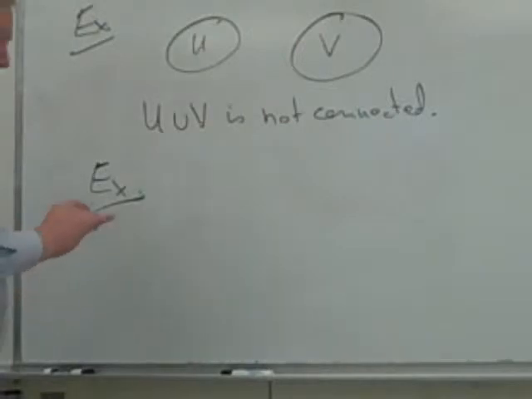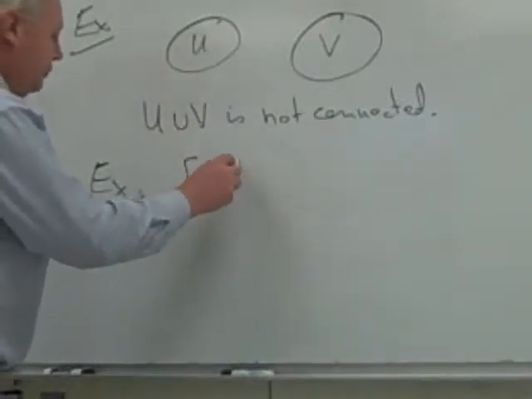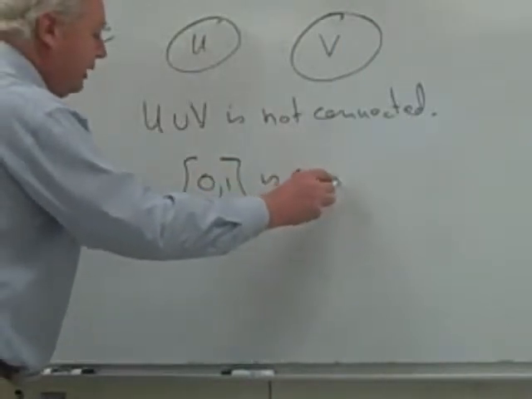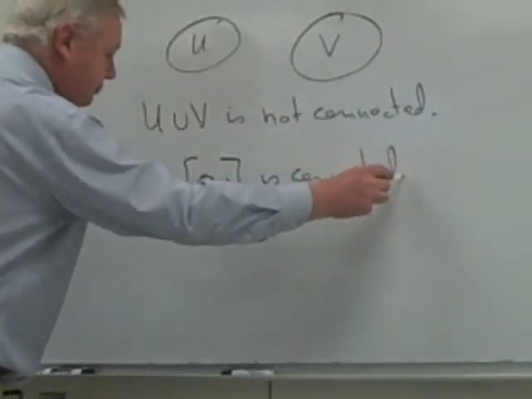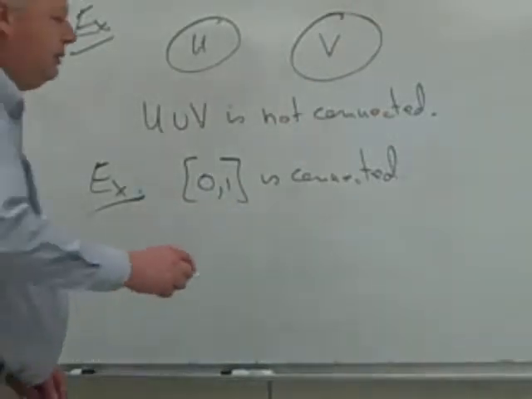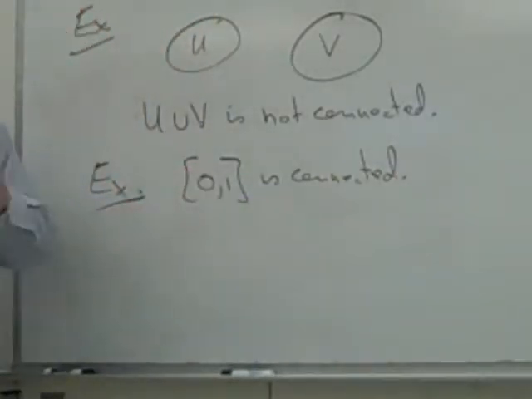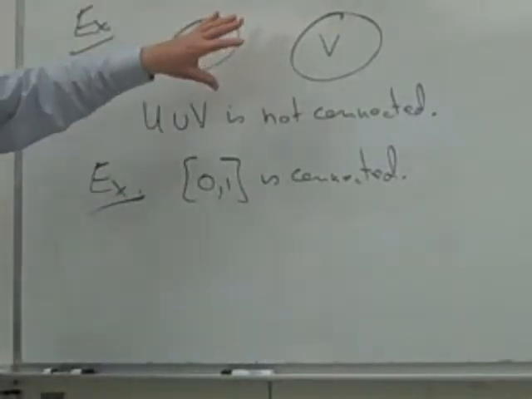Another example, which we'll prove in a moment, is that the unit interval 0, 1 is connected. It's impossible to break the interval 0, 1 into two disjoint open sets unless one of them is empty. And intuitively we feel that the unit interval is kind of one indivisible chunk, whereas this one clearly is not.